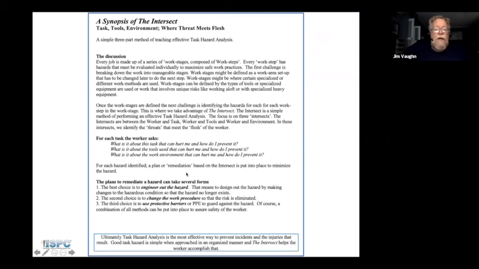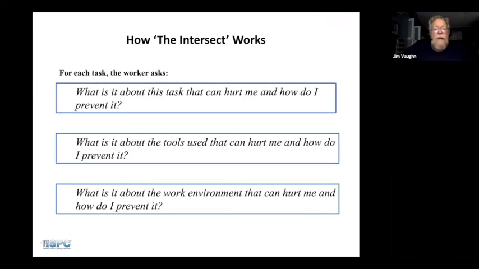And for each hazard identified, you have a plan. When you see what it is that can hurt me, you have a discussion about how we can prevent or protect ourselves from that issue, from that incident. So this is the three: task, tools, environment. What makes this very simple is that this should become a part of your language when we're talking about the issues with the job site. When you use the intersect, I don't know why three is such a great way to do stuff.